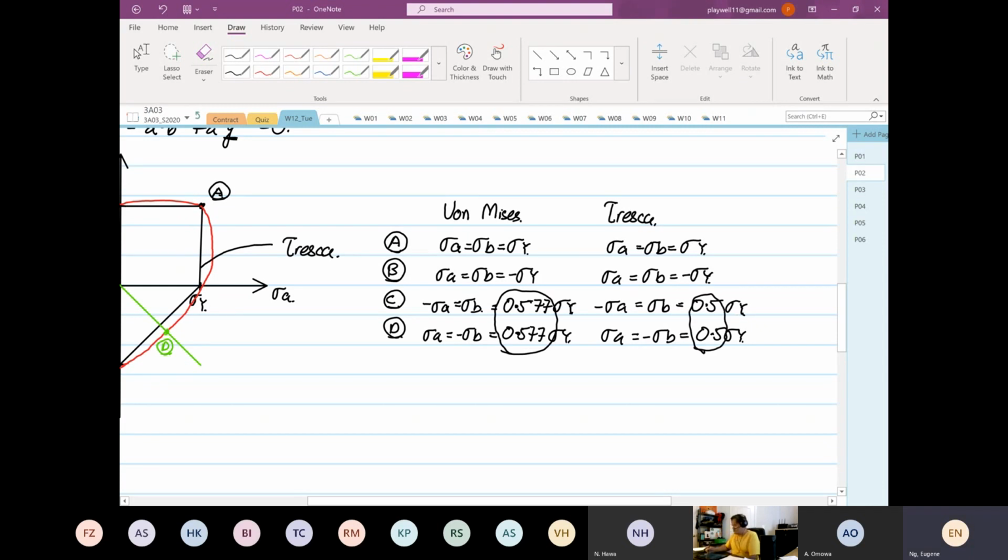Yes or no? Tresca is half because we have maximum shearing stress.